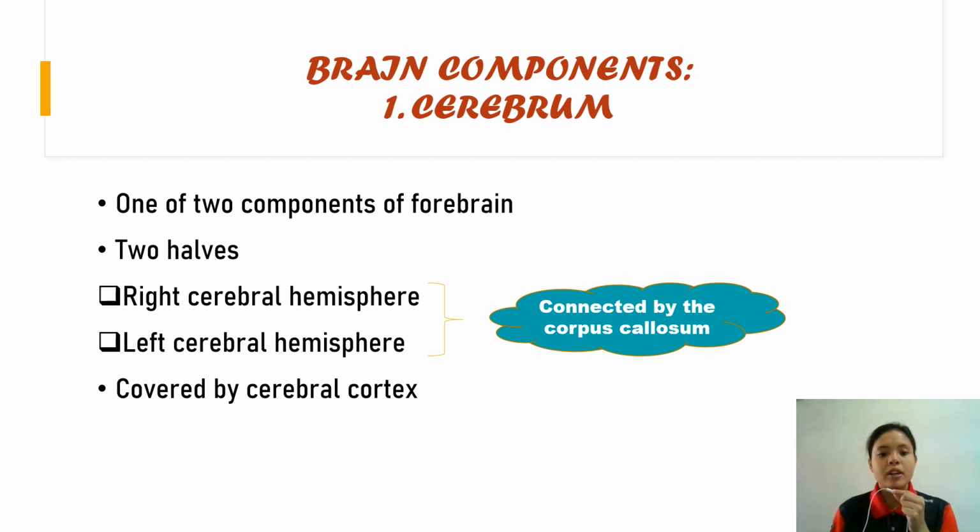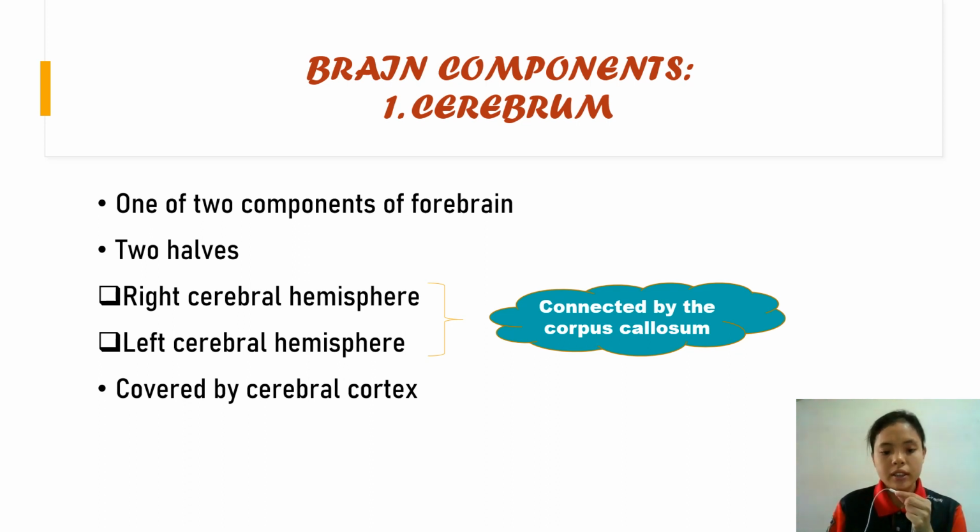Cerebrum consists of two halves, that is right cerebral hemisphere and left cerebral hemisphere, which are connected by a sheet of nerve fibers known as the corpus callosum.